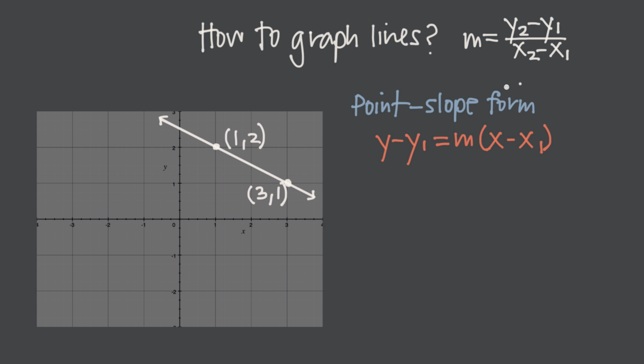That just means that one of our coordinate points, either (1, 2) or (3, 1), will give us the coordinate point x sub 2, y sub 2, and the other coordinate point will be x sub 1, y sub 1. It doesn't matter which point you use, as long as you keep this consistent and you always lead with coordinates from the same point and then subtract coordinates from the other point.